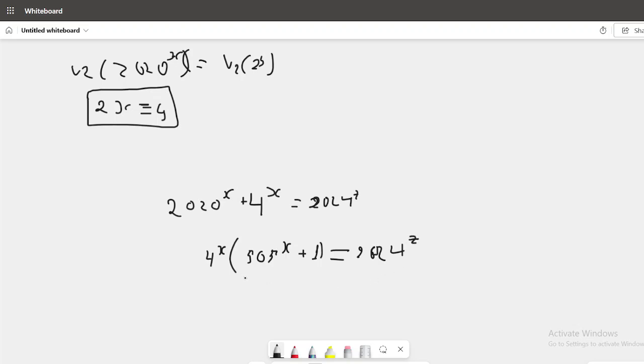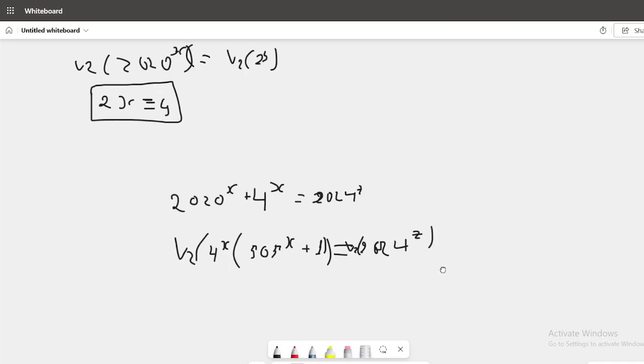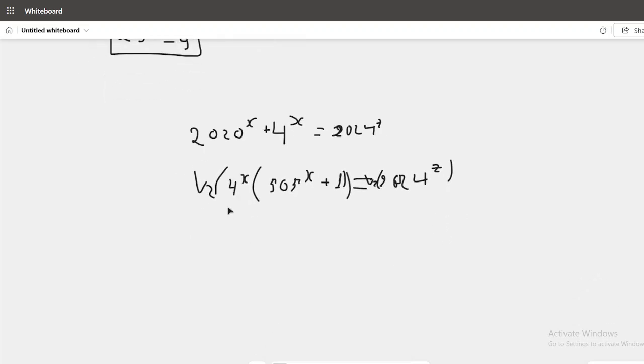Now we're going to use something called lifting the exponent, LTE. So we do the same thing we did. We write v2 of this will equal v2 of that. Okay? So what is v2 of this? v2 of mn is the same as v2 of m plus v2 of n.